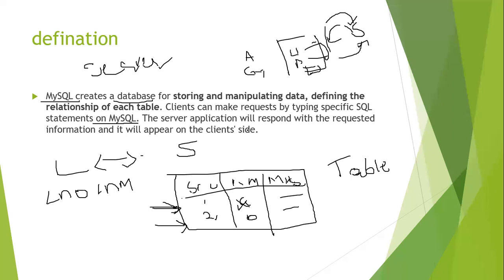You need to know two things: what is the client and what is the server. Client means you are opening the Amazon page in your computer. Client sends a request to the server, and the server gives a response back to the client.